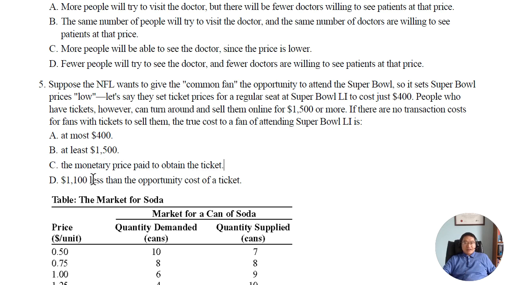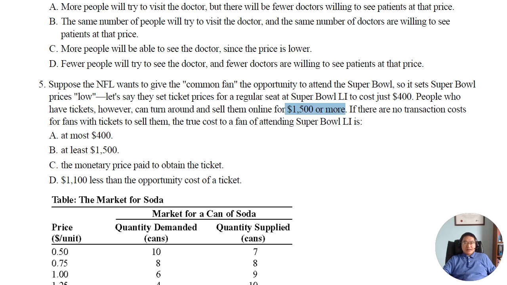You pay $400 if you can grab a ticket, but if you can sell at $1,500 and more, you won't sell it at $400 or $450 or even $900. You sell it at $1,500. That's the market price. So the true cost to a fan of attending the Super Bowl, eventually, is that all the tickets go to those fans whose willingness to pay is $1,500 or more.